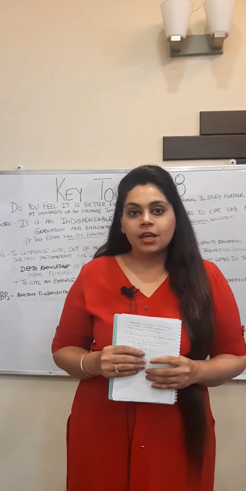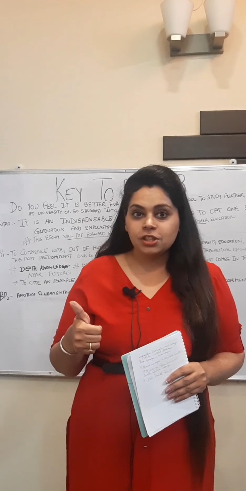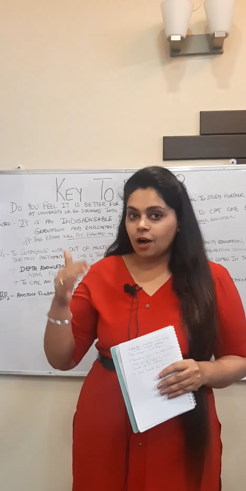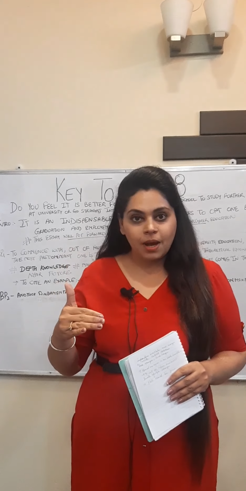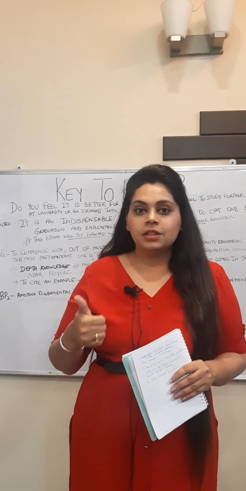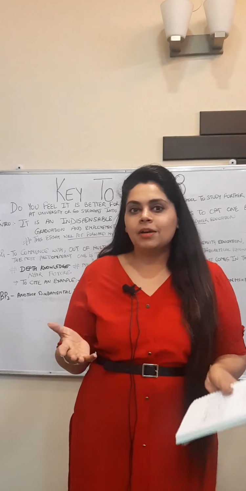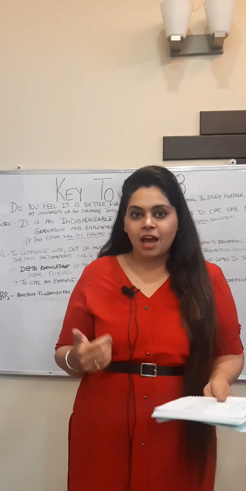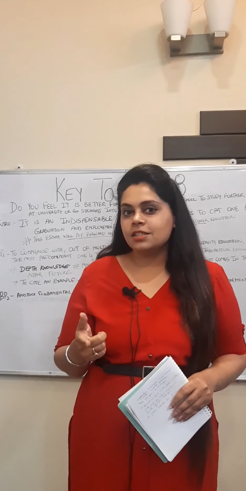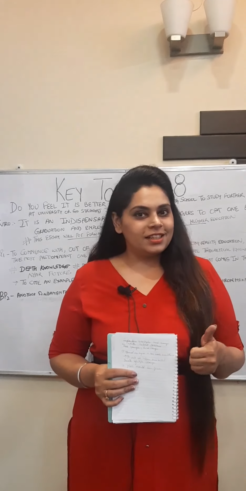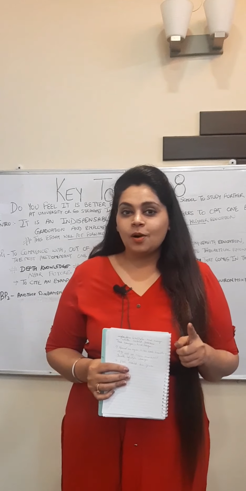I'll be talking about the cohesion and coherence, like how to write, what points to add. Then we'll talk about the task achievement, about the lexical resources and about the grammatical range you can add in your task to score a band of 8. So keep watching this video.